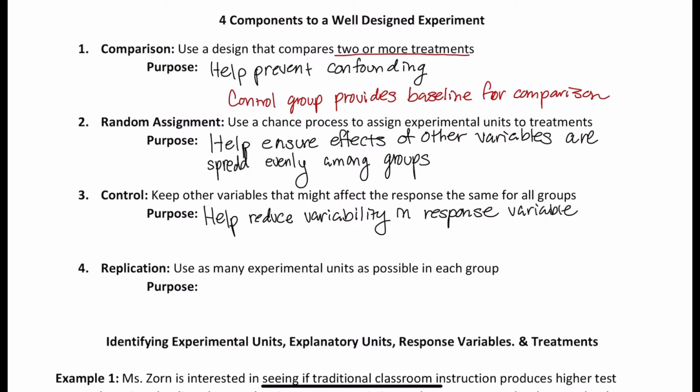And the fourth is replication. So again, that idea of replication is just to use as many experimental units as possible in each group. This is all about helping to balance out the effects of chance.